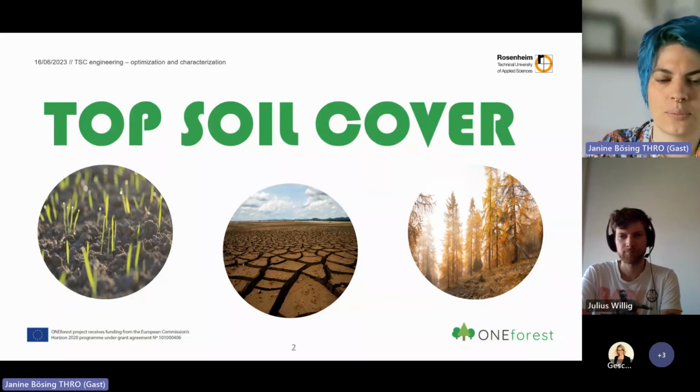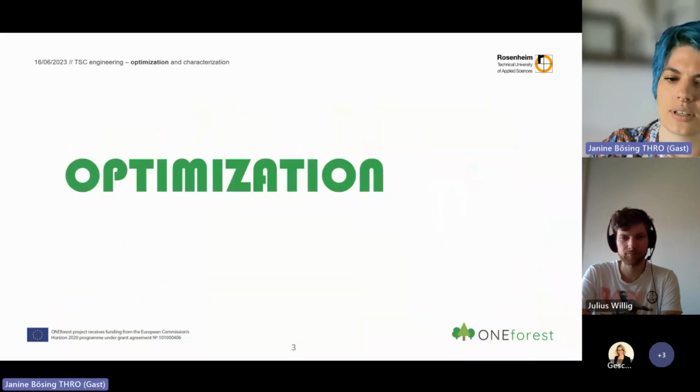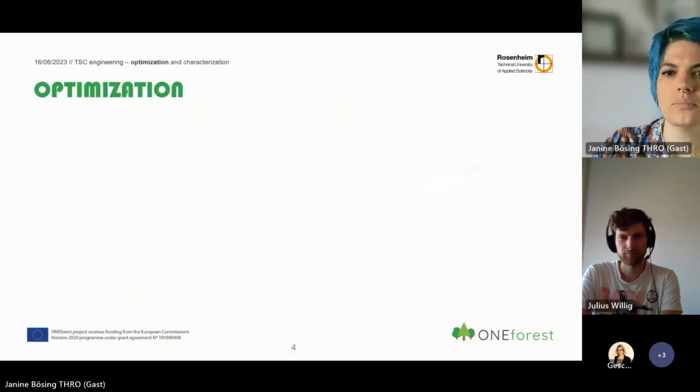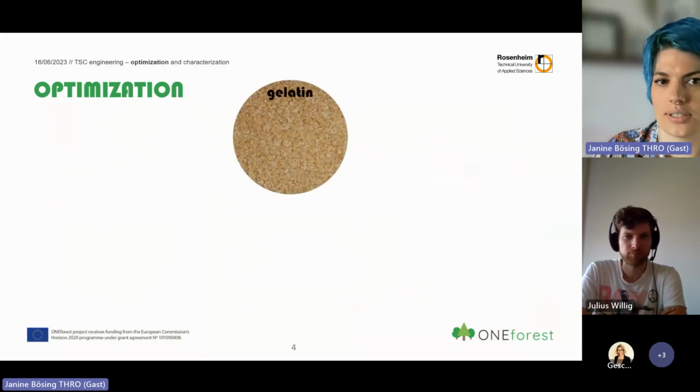and so the plants have water that they usually wouldn't have if it's not raining that often. And here in Rosenheim, we are working with gelatin-based hydrogels, and now I will talk a bit about what steps we are doing for optimization of these topsoil covers. As I mentioned, our topsoil cover consists of gelatin as the main ingredient.